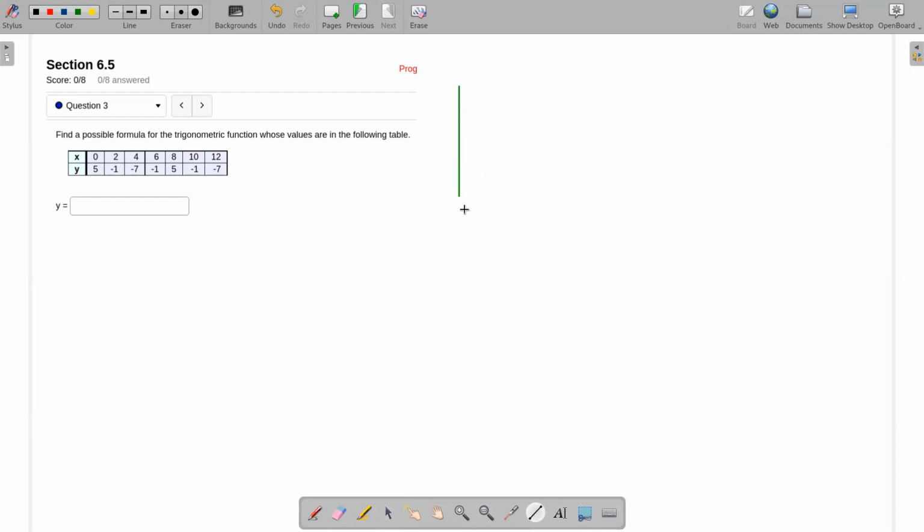So y's go from 5 to -7. So maybe our axis is going to go around there. And that one needs to go from 0 to 12. So scale, how about 2, 4, 6, 8, 10, 12.